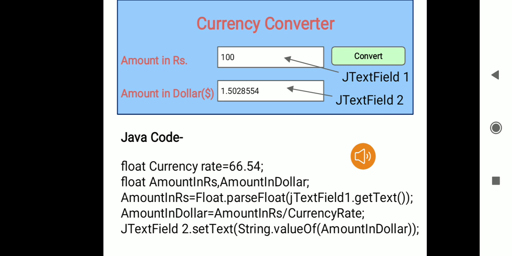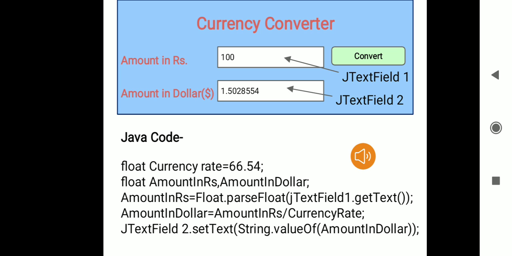Now let me explain this with the help of the Java program as shown in this slide. Just follow the Java program line by line as I explain. The first line declares a floating point variable called currency rate having the value 66.54.